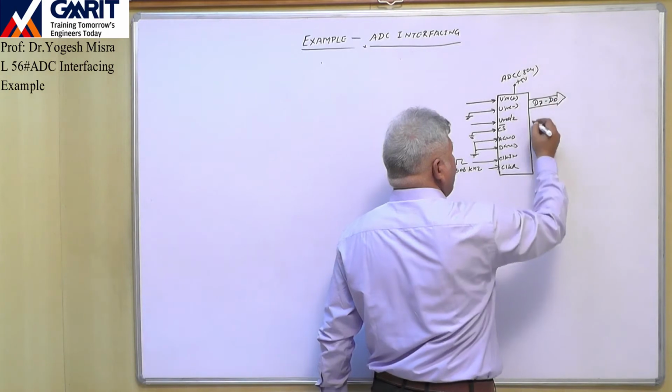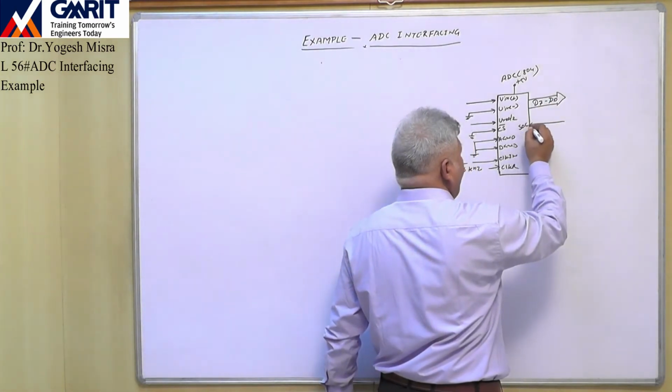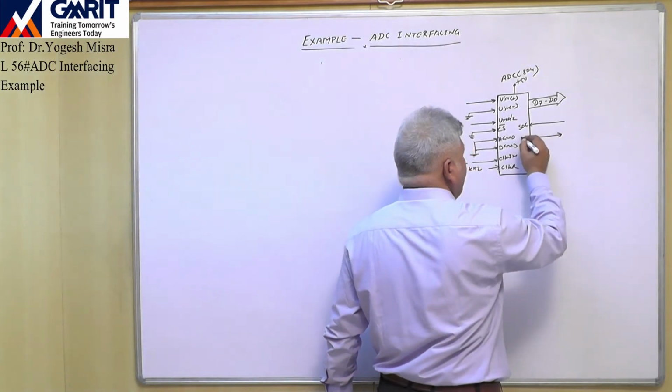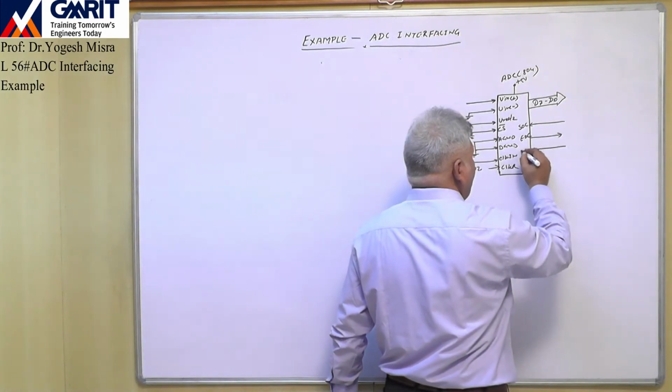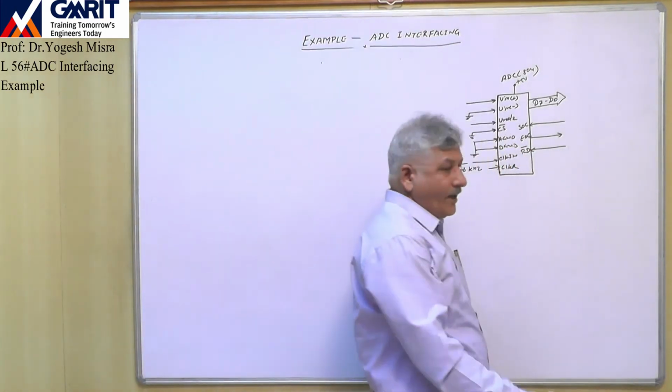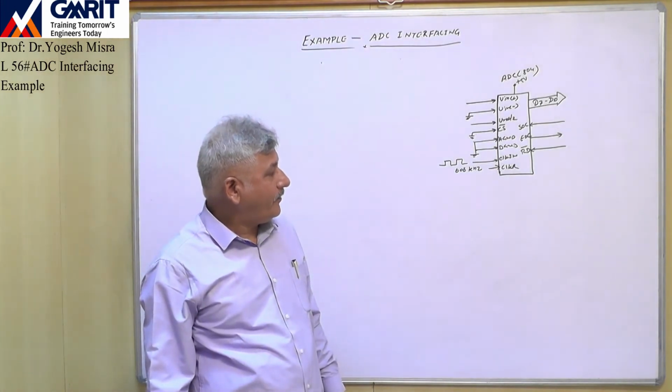D7 to D0. This is our start of conversion pin. This is the end of conversion pin, and this is read bar to latch the value in the D7 to D0 pins.